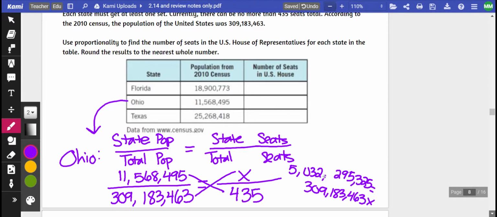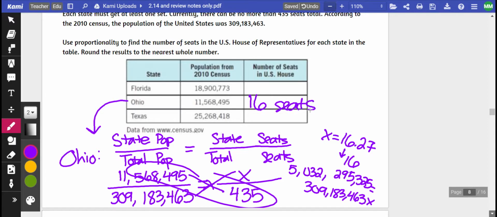So we would divide by this. Here's a quick way of thinking about it: you multiply these two together and then divide by that number. And we get 16.27, which is closest to 16 seats.